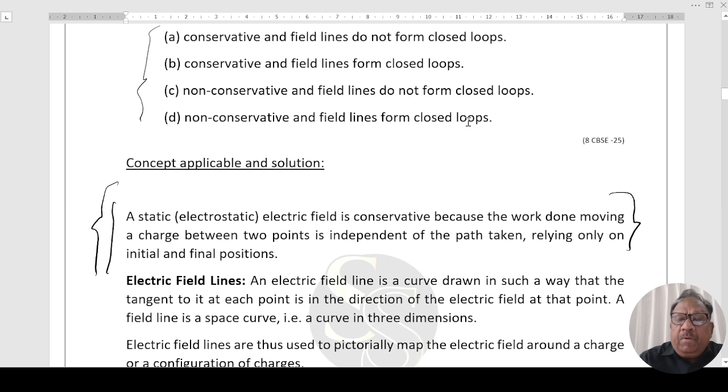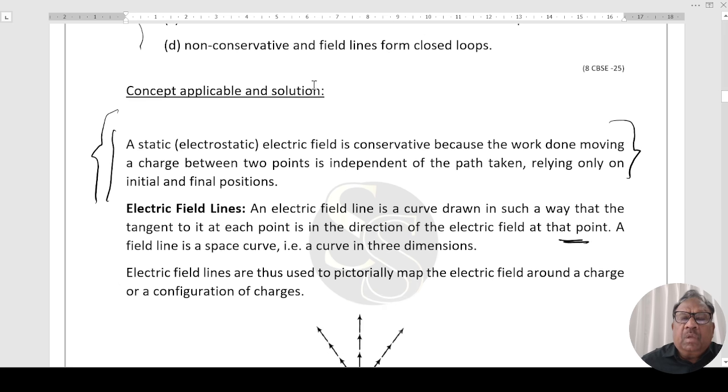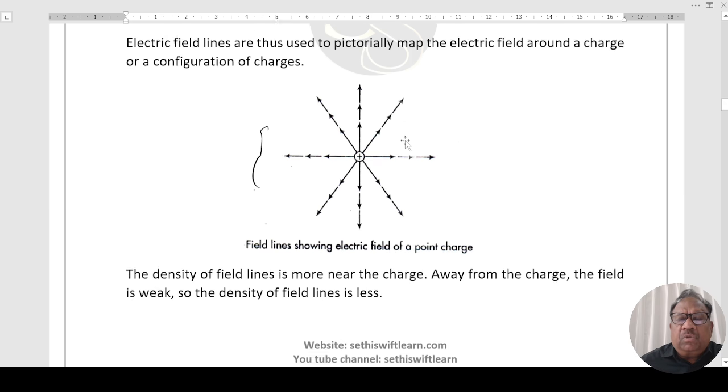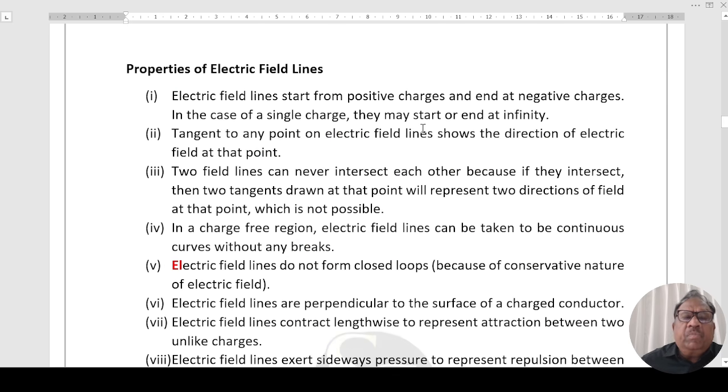What is an electric field line? An electric field line is a curve drawn in such a way that the tangent to it at each point is in the direction of the electric field at that point. Properties: lines go away from positive charge and towards negative charge. Electric field lines do not form closed loops because of the conservative nature of the electric field.